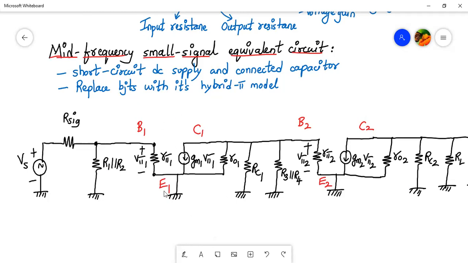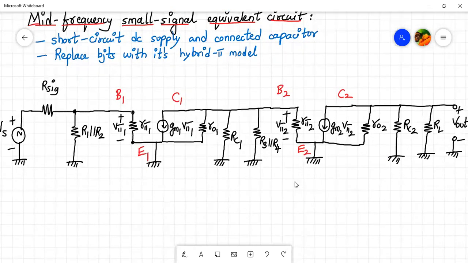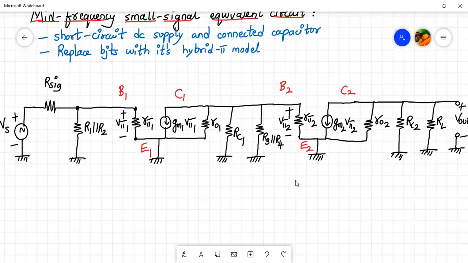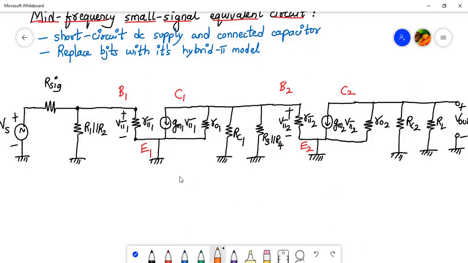Whenever we draw a hybrid pi model for a BJT, we are linearizing the non-linear BJT, provided that the input is small signal, correct? Next we have to analyze the circuit and find Rin, Rout, and the voltage gain. So let's proceed.